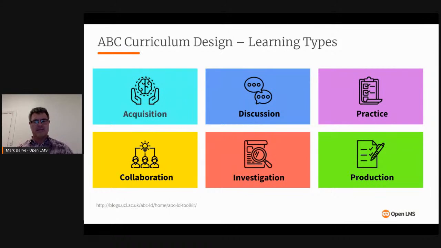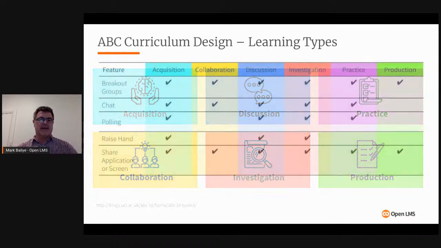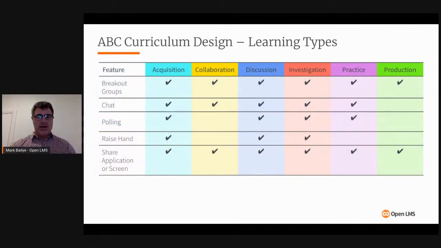So which ones would you use to get students actively involved? And certainly discussion, practice, collaboration, and investigation fit that bill. So when I think about designing a virtual session, I take this approach. I look at those six learning types, and I think about what tools I should use.